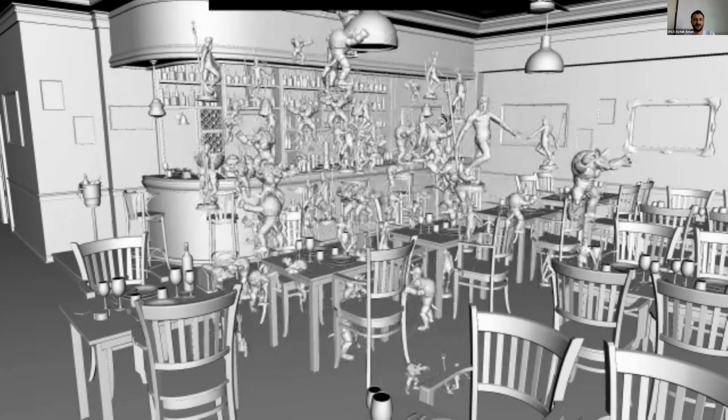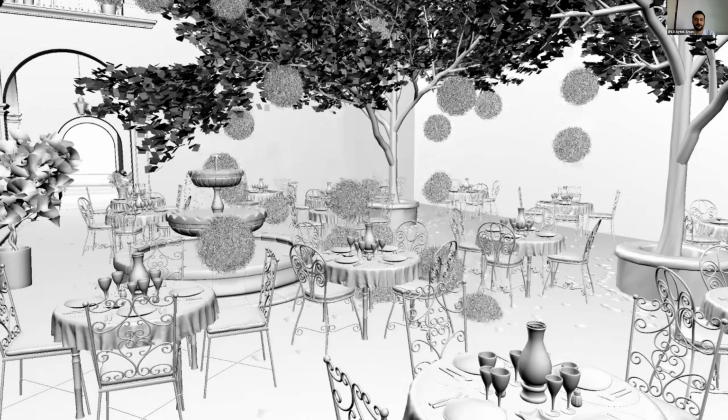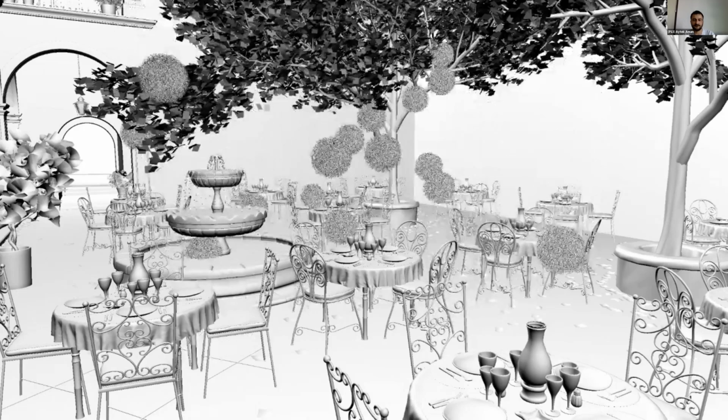There's a BVH on the top, and in the bottom levels, we have constrained tetrahedralizations. I will be back to my presentation again.